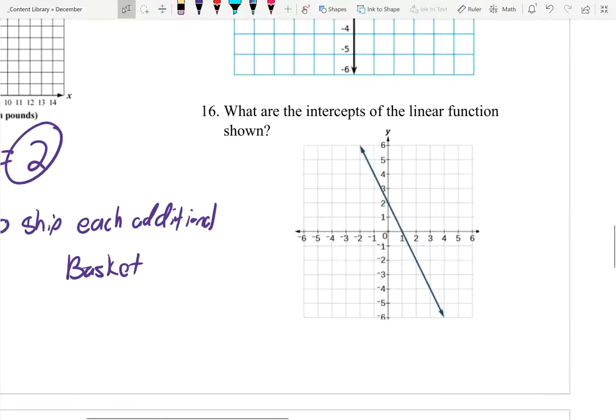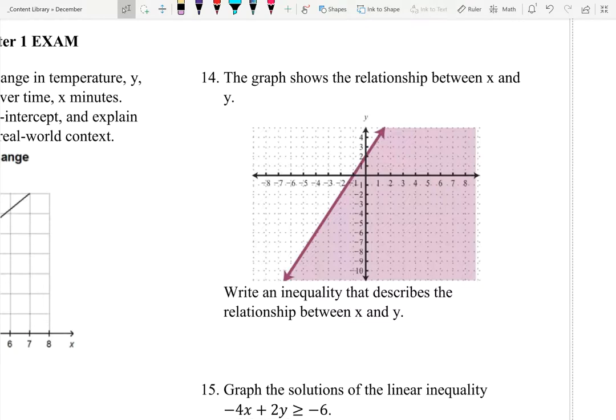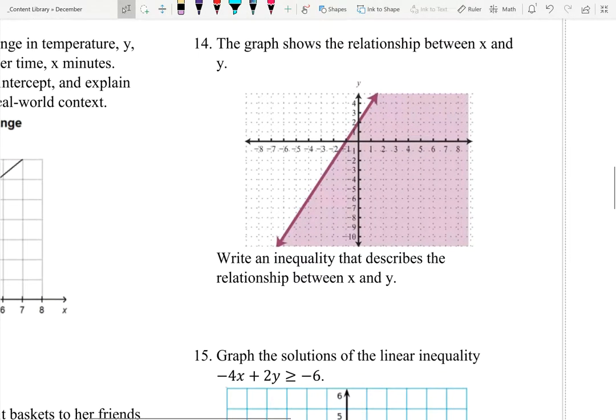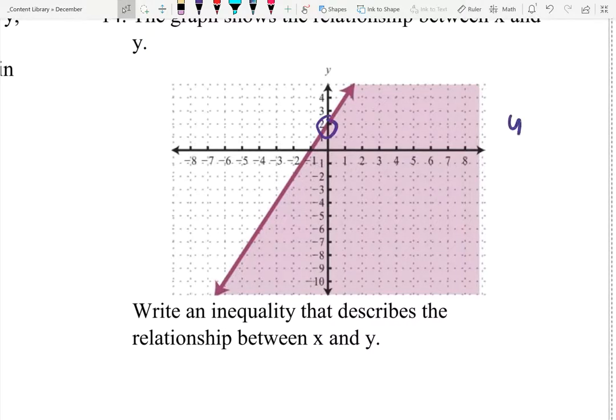Let's do number 15. No, 14. Okay. The graph shows the relationship between x and y. Basically, what you're going to see is answer choices that are all slope-intercept equations. And you're just going to have to pick the slope-intercept equation that matches this one. So the idea is just find out what the slope and the y-intercept are. So if we look carefully at this graph, we can see the y-intercept is at positive 2.